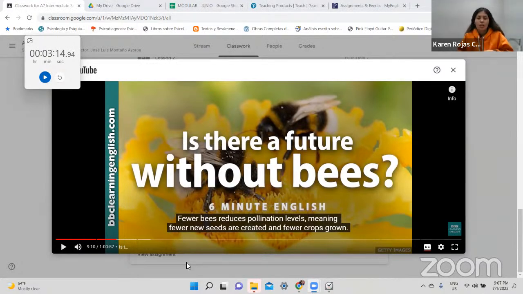This process is called pollination. Good. And it doesn't happen only with bees, right? It happens with many insects, but bees are the most important ones, of course, and also with the wind. When the wind is blowing, it takes the pollen from the plants, and the wind takes the pollen to another plant. And that's also pollination.